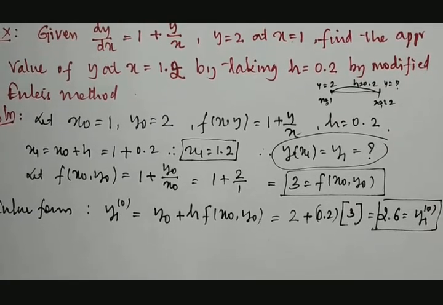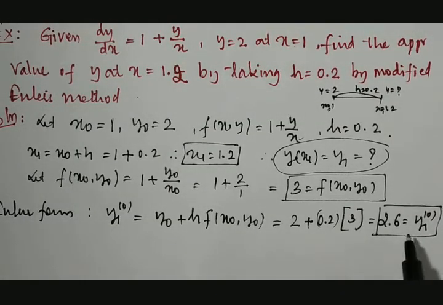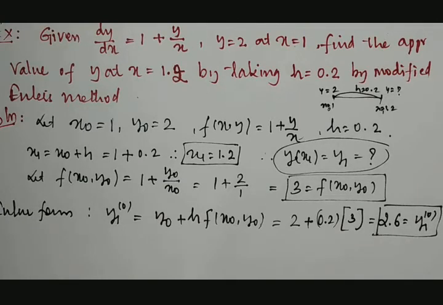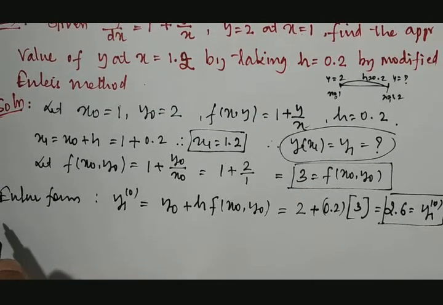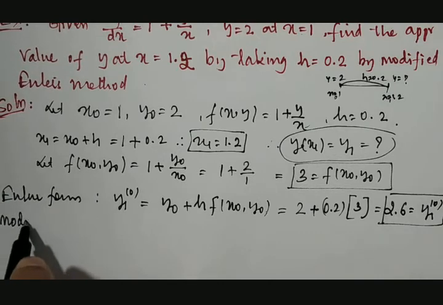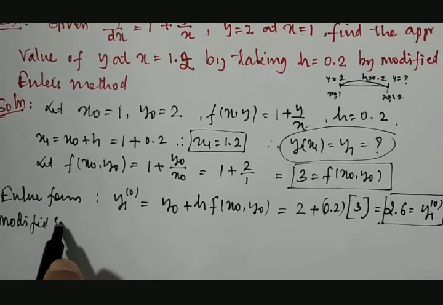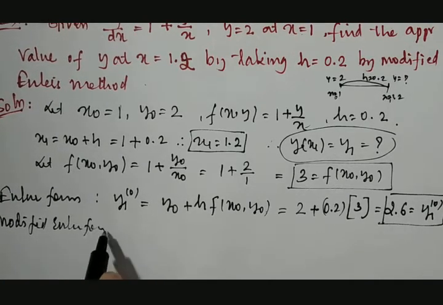This will be a predicted value, meaning it is understood that our answer will be in the neighborhood of 2.6 only. So I'll be taking the modified Euler's formula now.